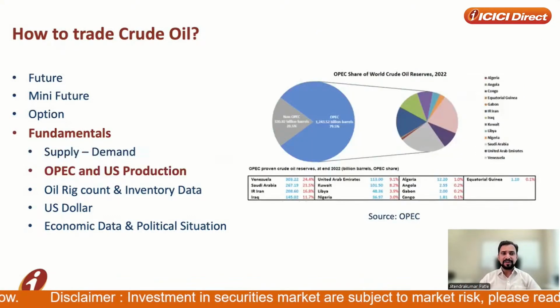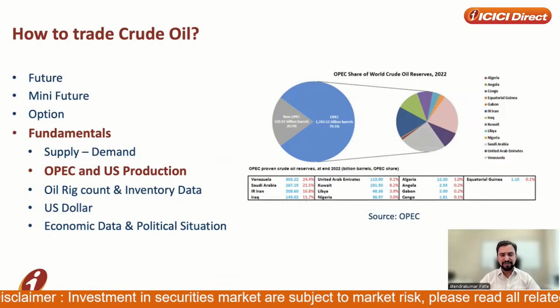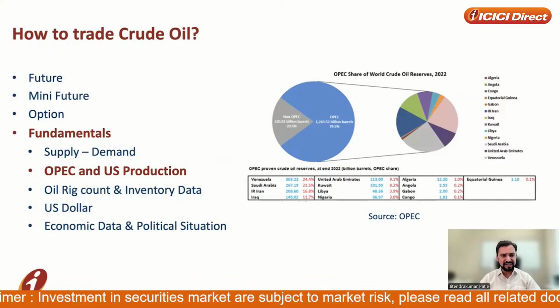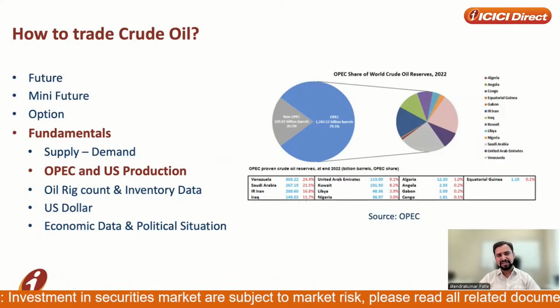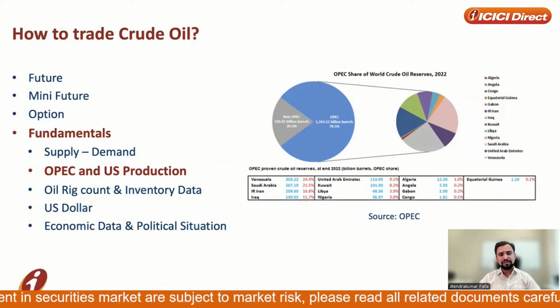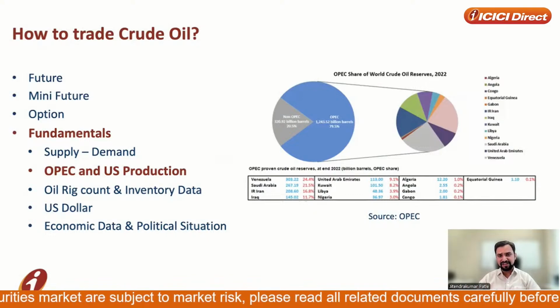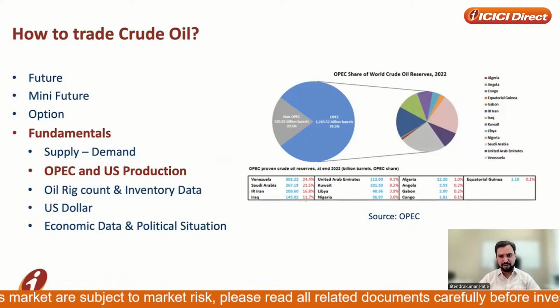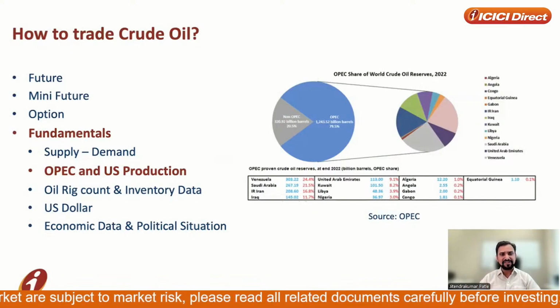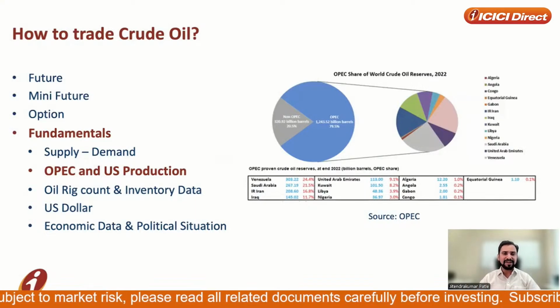Again, OPEC is the organization of oil producing countries, and its decision is very important for crude oil prices. And also the US production, because the US is one of the highest producing countries of crude oil. So OPEC and US decisions on the production side will impact the crude oil prices.